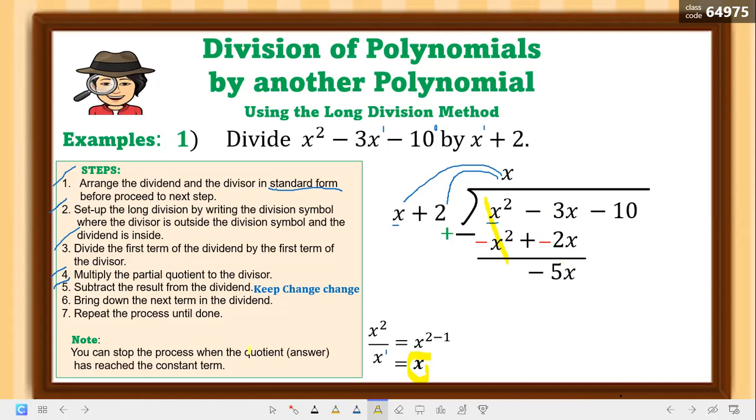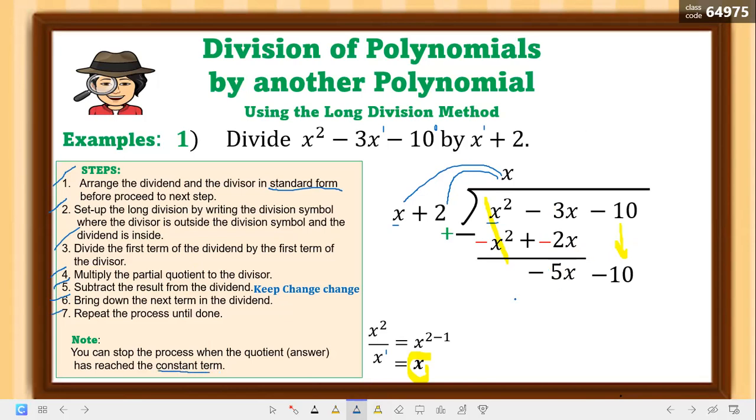Since ito yung ating negative 5x, i-bring down na natin ito. Yun yung ibig sabihin ng step number 6. Okay, and then, after you bring down, repeat the process. Yun yung step number 7, kasi hindi pa natin na-reach yung constant term.